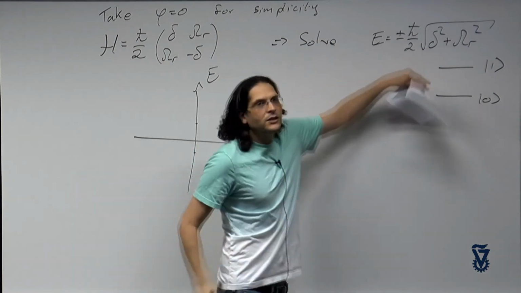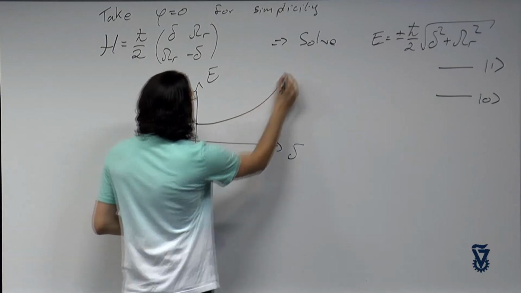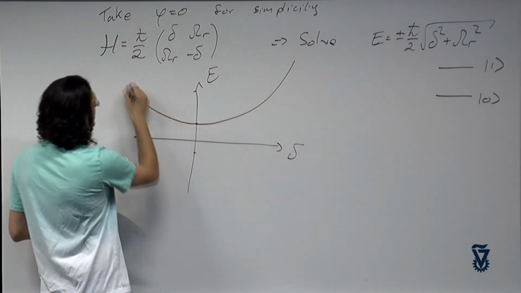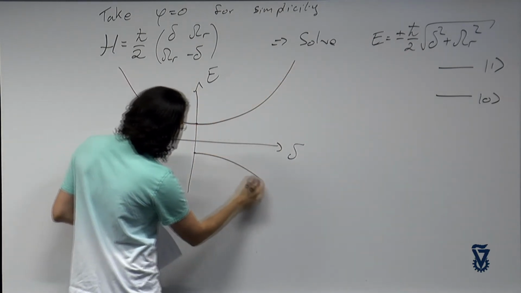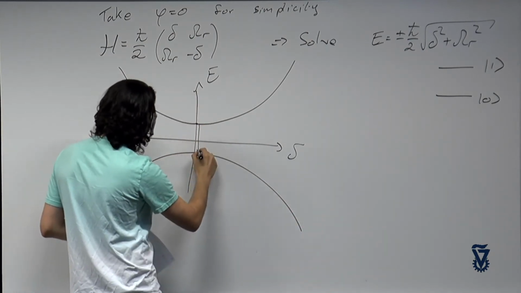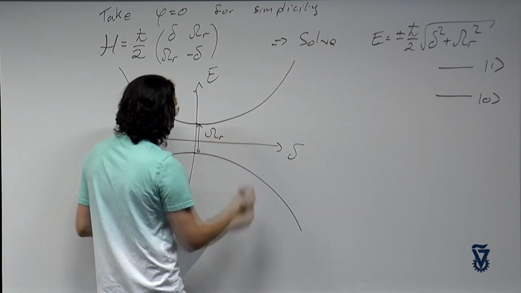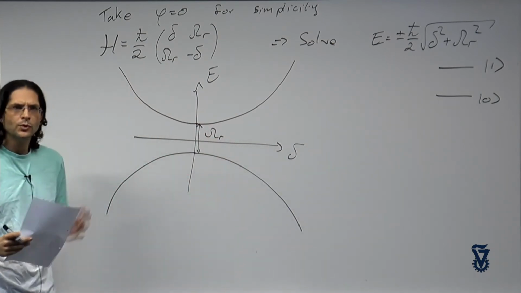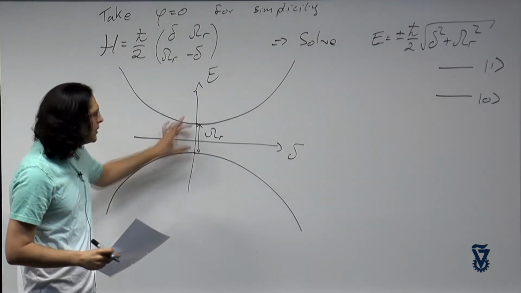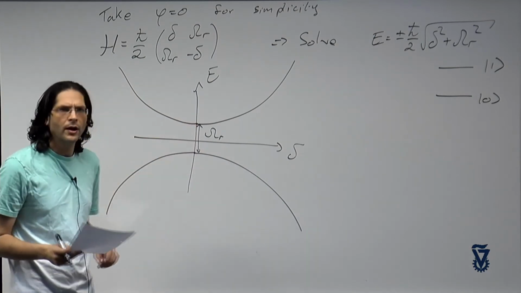And now if you start detuning your drive, you will get this parabola over here, like that. So this difference over here, this is omega r. So on resonance, you have this new two-level system, which is separated by omega r.